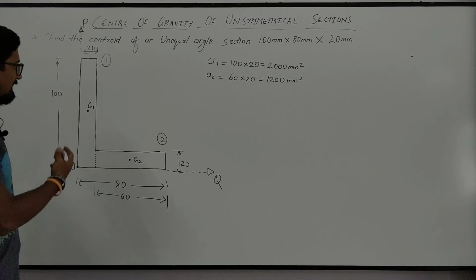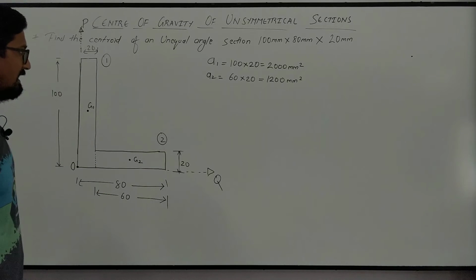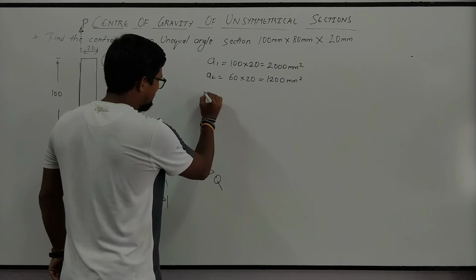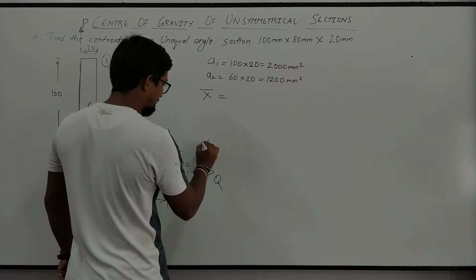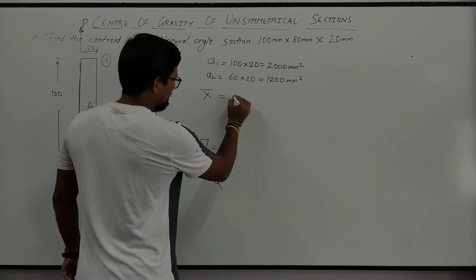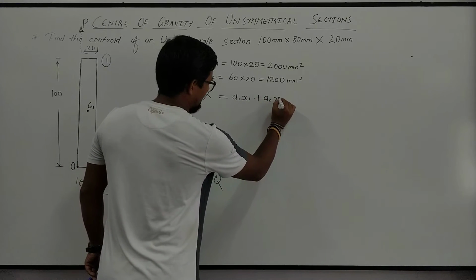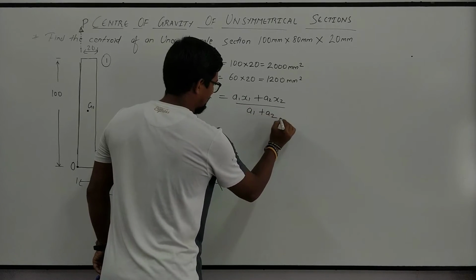Now again we have to find the CG or the centroid for this unequal angle section. So we have to find x bar and y bar, correct? So x bar is equal to a1 x1 plus a2 x2 divided by a1 plus a2.